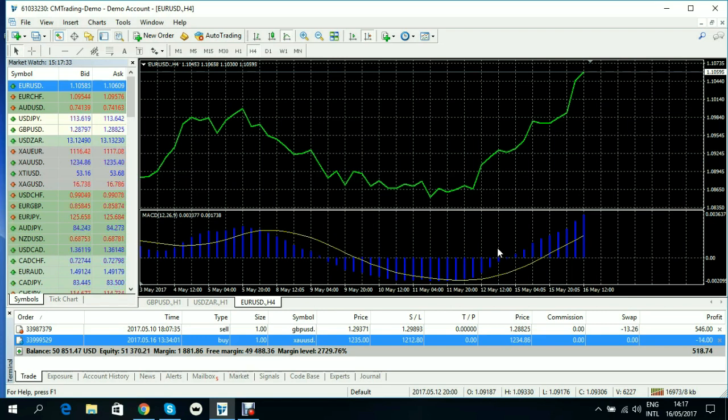Let's try to understand how this indicator is made up and how it works. The MACD is made up of 12, 26, 9 as parameters, which is usually the default settings for most charting packages.